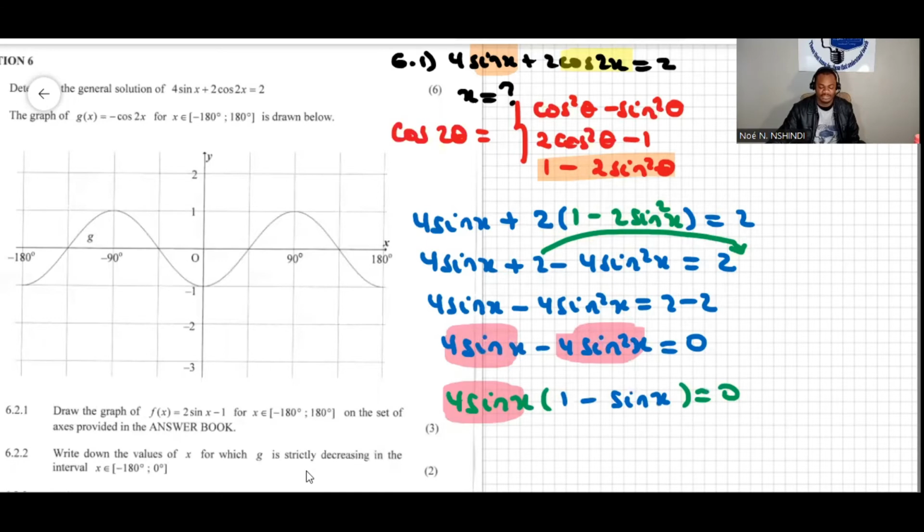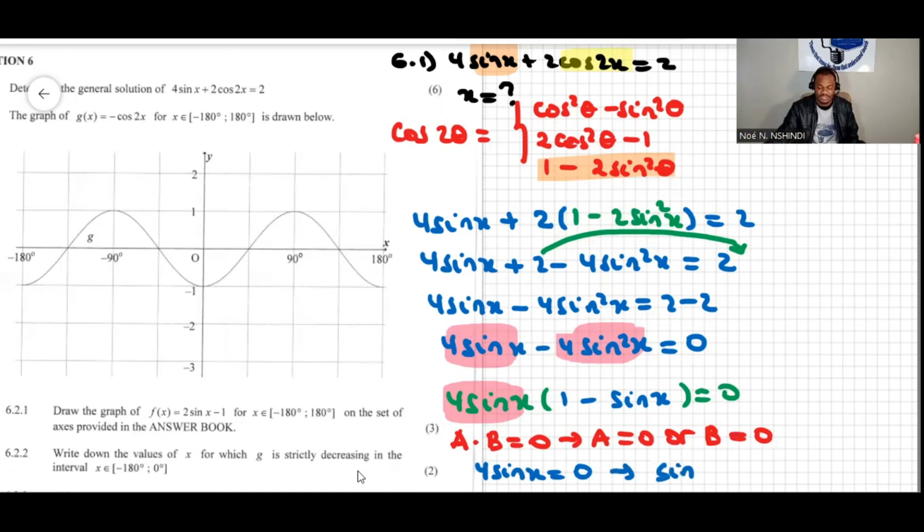There's a property that says if a times b equals 0, this implies that a is equal to 0 or b equal to 0. So 4 sine x equal to 0. 4 cannot be 0, so it means that sine x is 0.